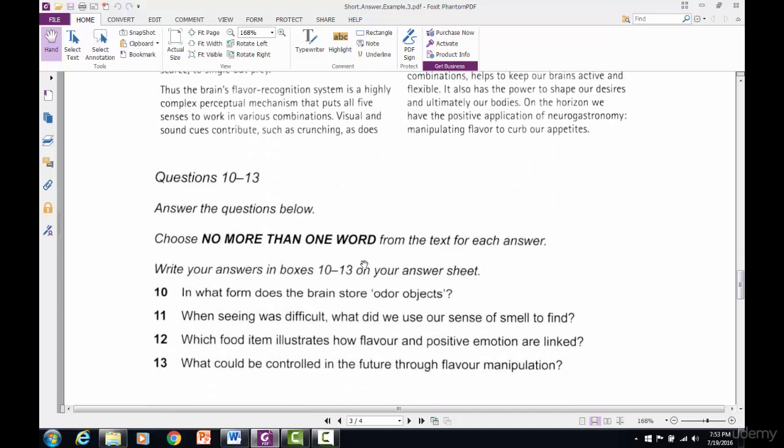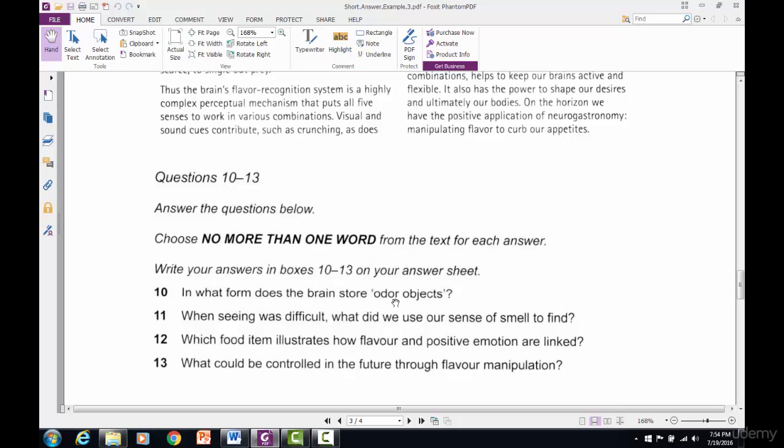All right, so here we go. 10, 11, 12, 13. Which ones are easiest to do first? Number 10, because we have something in quotations. In what form does the brain store odor objects?